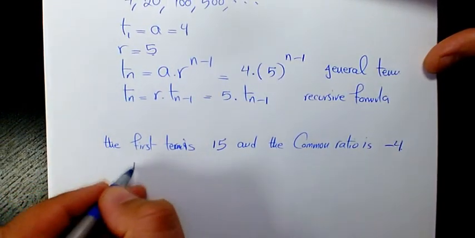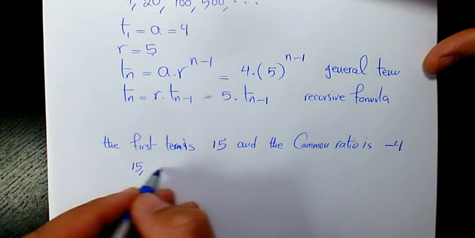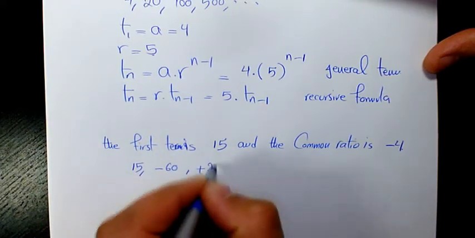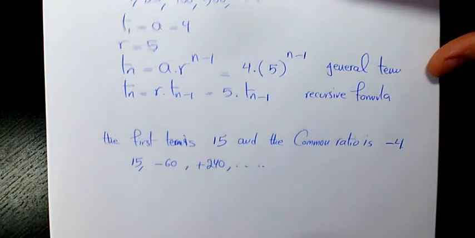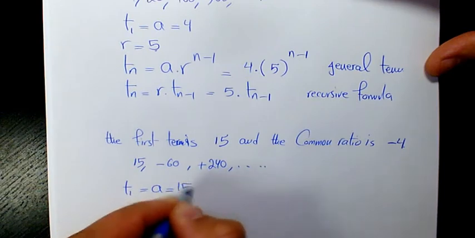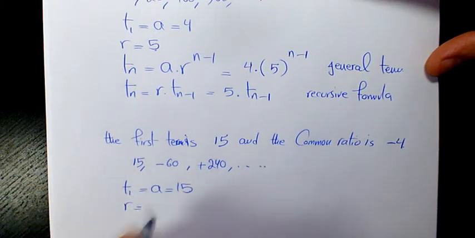So that's going to be like 15 times -4, -60, -60 times -4, positive 240, and so on. So T1 equals A equals 15. r is -60 divided by 15, which is -4.